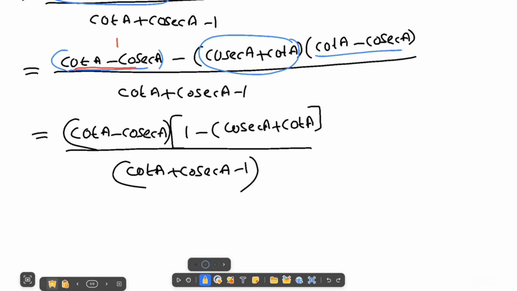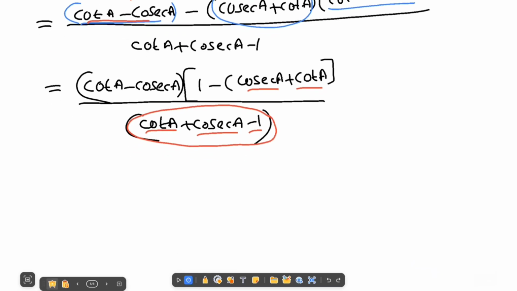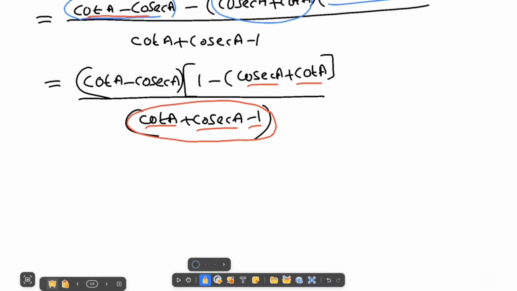To get it cancelled, we should have plus cot A plus cosec A minus 1. After sending this minus inside, we get minus cosec A minus cot A. So to make this equal to the denominator, let's take minus common again from the numerator. If we take minus common from the numerator, it becomes plus cosec A minus cot A.